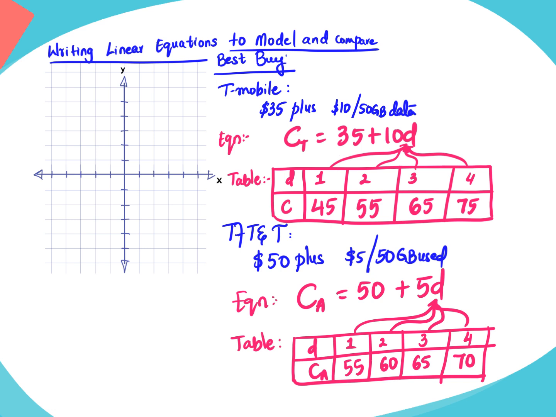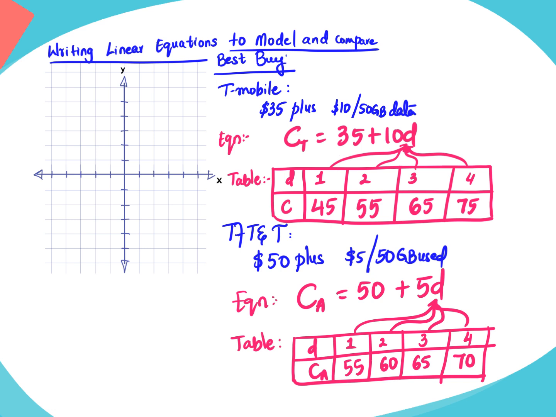But when you have gone on an occasion and your family is completely relying on your data plan, you can see that AT&T, even though it started with a flat fee of $50, because of its data usage cost, for a 200 GB data usage, it is much cheaper. So which one is cheaper in our situation? It is AT&T.